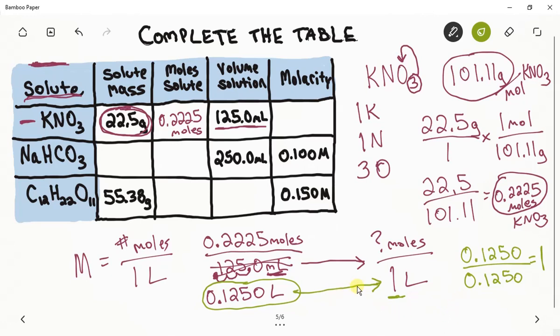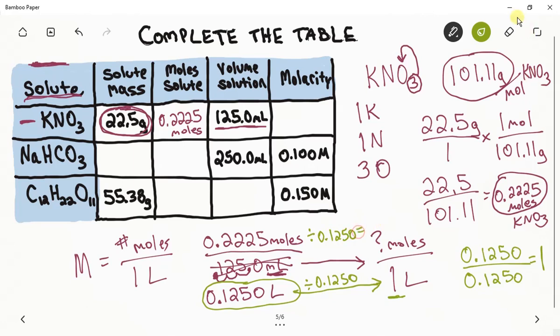So if we divide this 0.1250 liters by 0.1250 liters to get 1 liter, we have to do that to the top. So we need to divide 0.2225 moles by 0.1250.